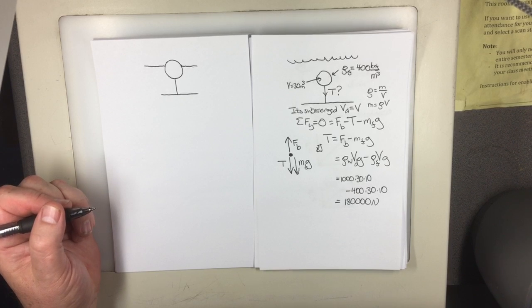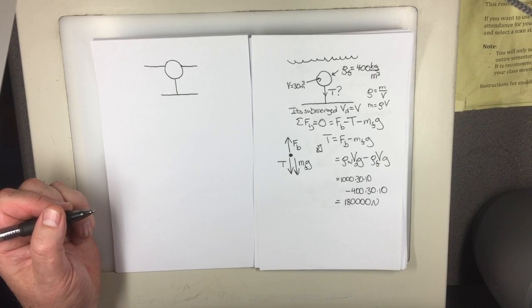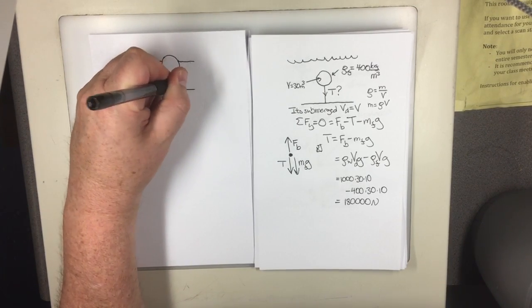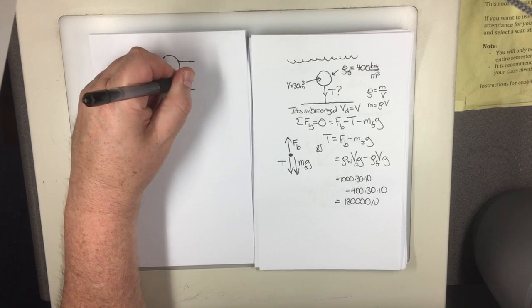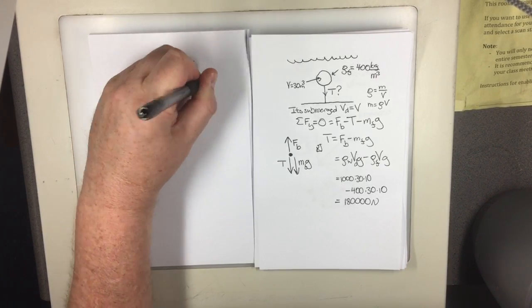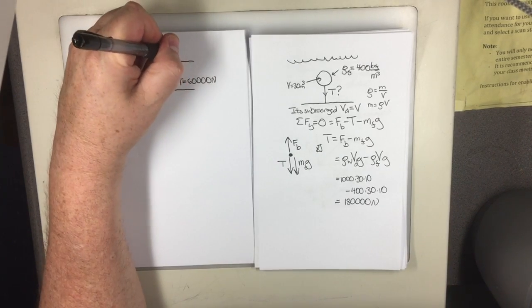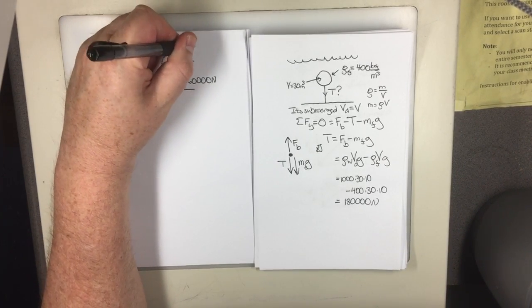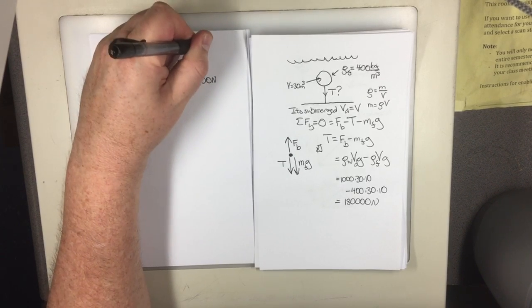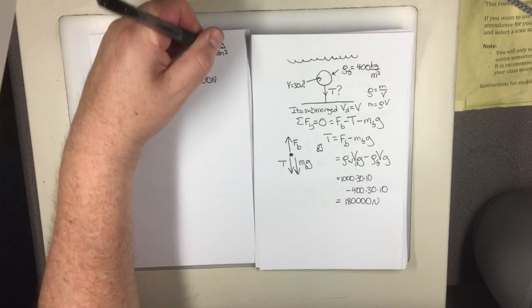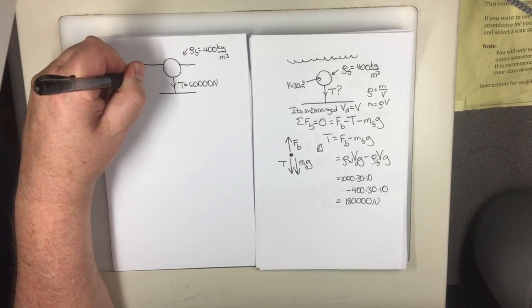So there is a portion of the sphere which is above the level. I say that the tension is now 60,000 newtons. It's the same foam. It's the same volume.